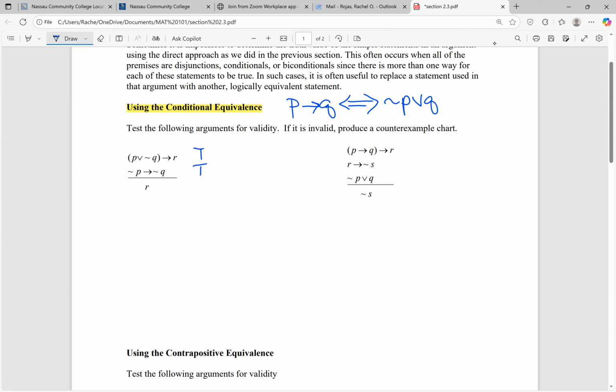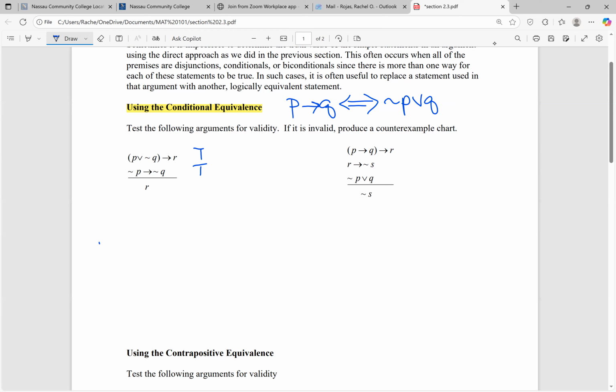The reason I'm thinking this is because you see how we have not P implies not Q? I have that conditional statement, and then right above it, I have P or not Q. That's the conditional statement right there.